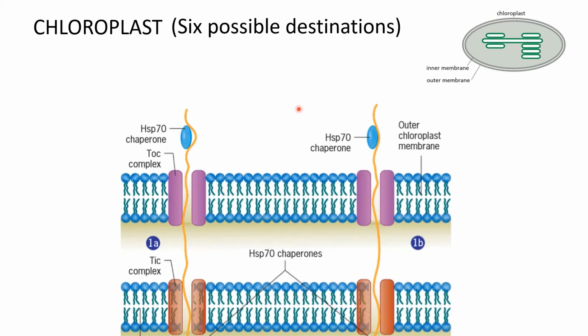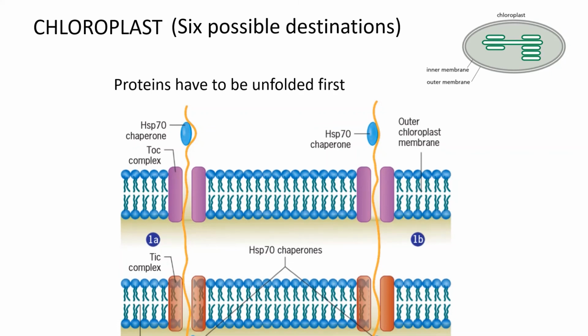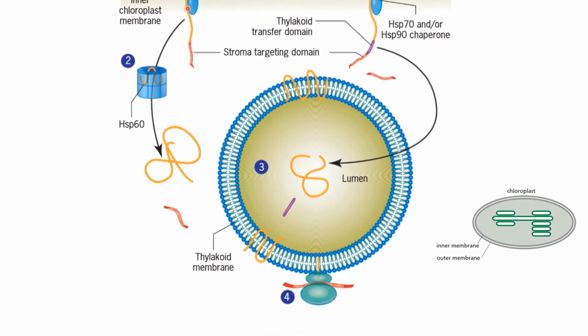So in the chloroplast, we have the outer translocon. Here for this particular protein, and here on the right, we have another scenario, same process, the protein entering the outer translocon of the chloroplast. Just like in the mitochondria, the proteins have to be unfolded first. And then they pass through the inner chloroplast translocon, which we've already passed through here in the slide.